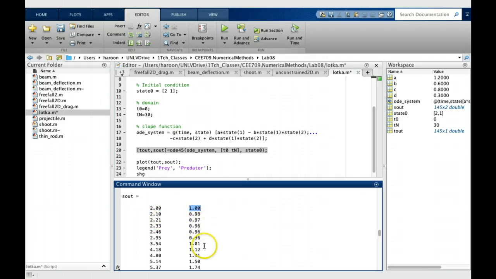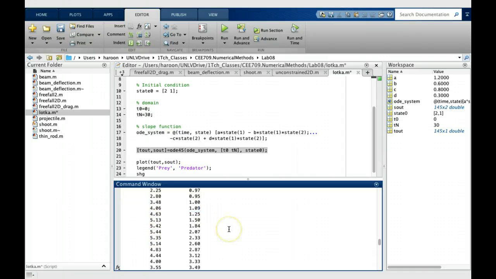And of course, this is a continuous model. So this could be 2,000 or 2 million, but it's progressing. So initially, because there is only one predator, the predator population is reducing, but the prey population is increasing.